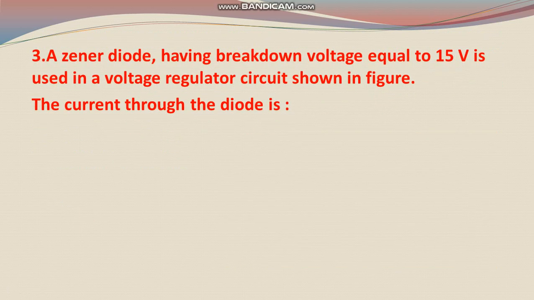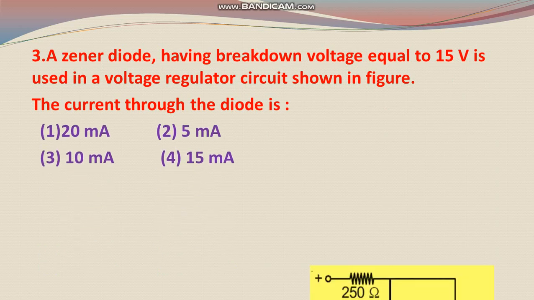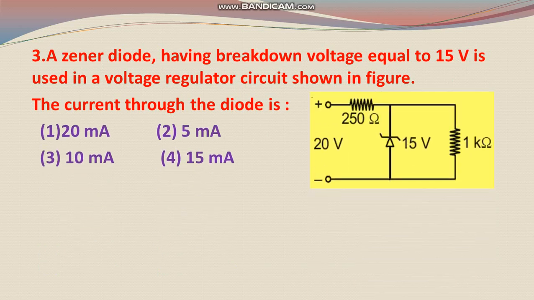Next, question 3. This is also based on Zener diode. What they are asking, the current through the diode. Through this diode, what is the value of current? Potential drop is given here 15 volt and here 250. So if it is 15 volt, then potential across 250 is what? 5 volt, right?